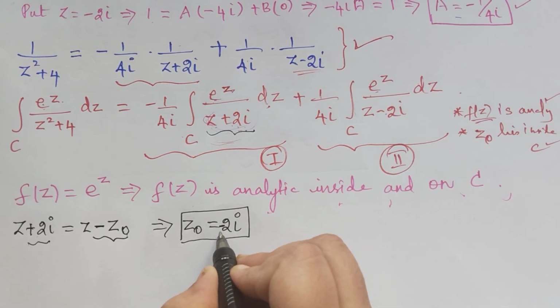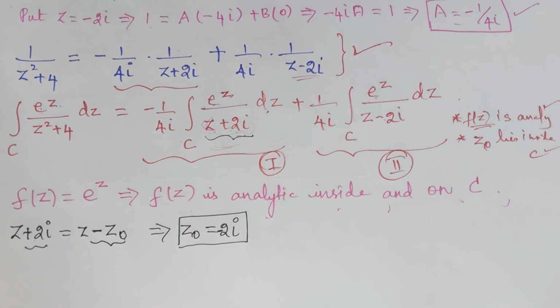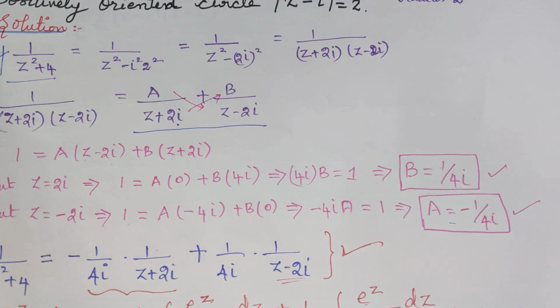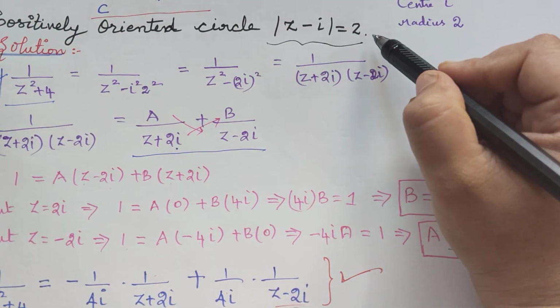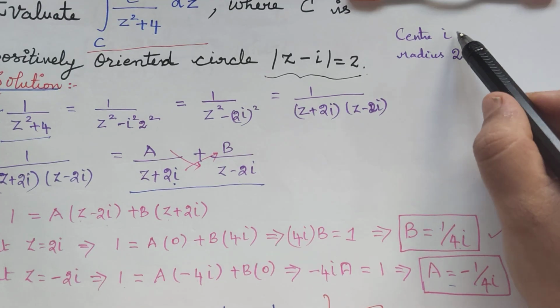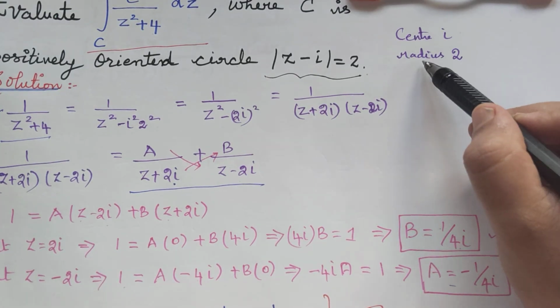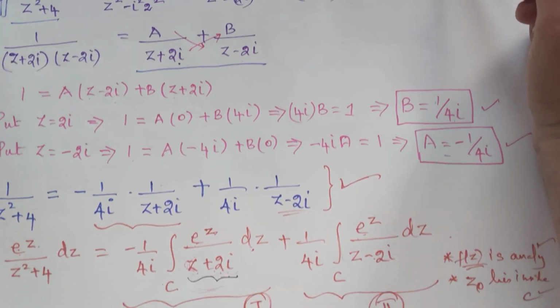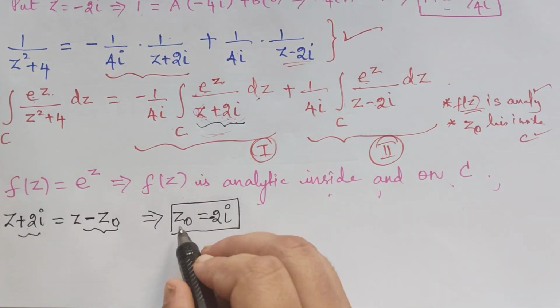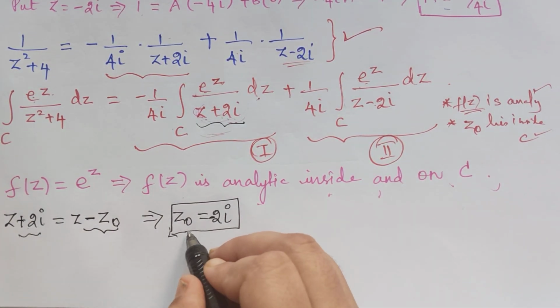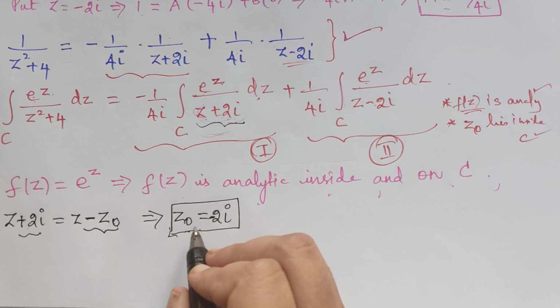So z naught is equal to minus 2i. Now what is the given circle? The given circle is modulus of z minus i equal to 2, that is, the center is at i and the radius is 2. Now here we have z naught to be minus 2i. We have to check whether this z naught lies inside, that is, in the interior of C.